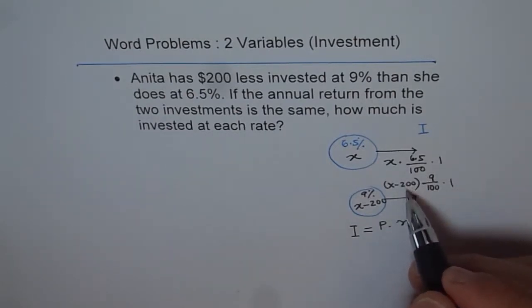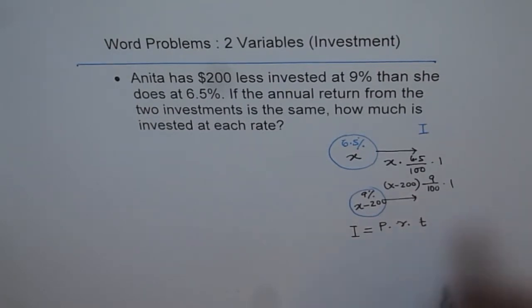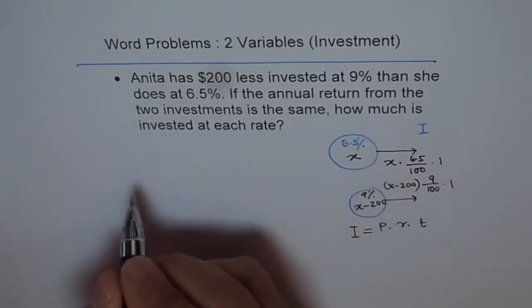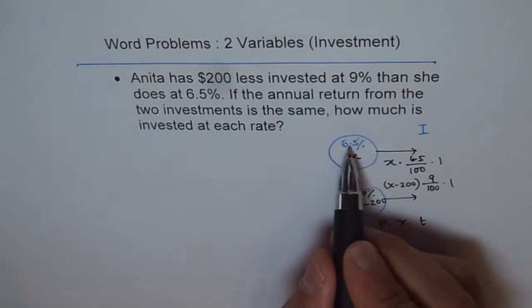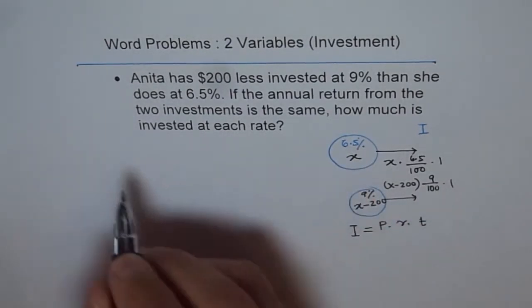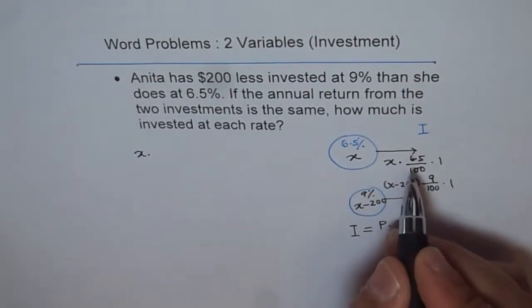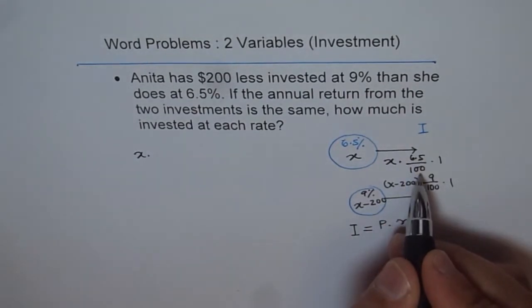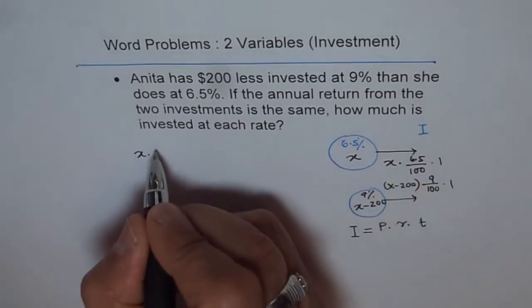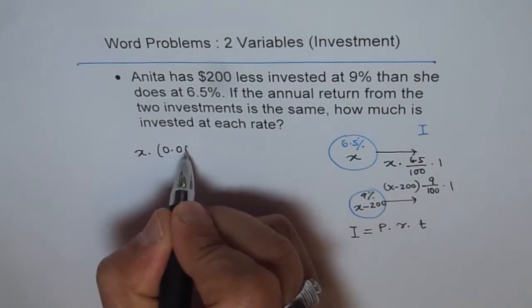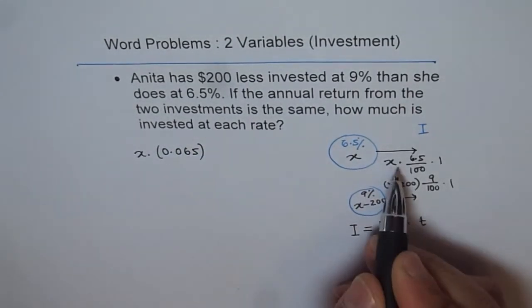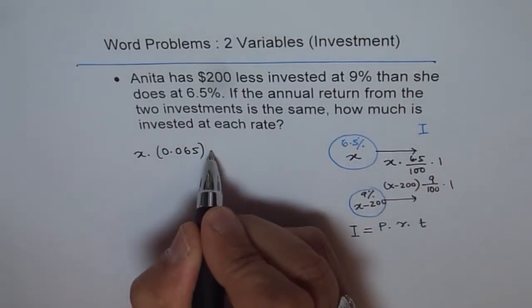So let's write down our equation and solve for x. The return on 6.5% is x times 6.5 divided by 100, which is 0.065.